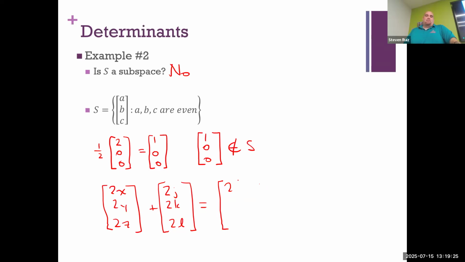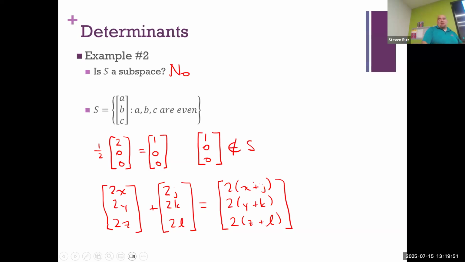Actually, just go ahead and do it now. Is x plus j an integer? Maybe I didn't make this clear enough. Is x an integer? Is j an integer? So is their sum an integer? Right.